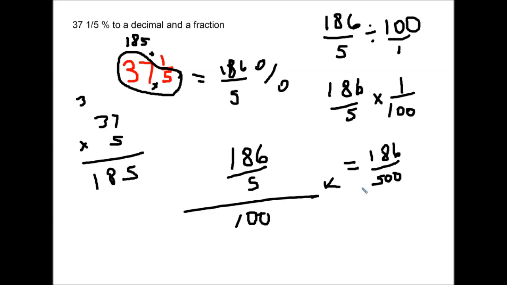So I'm going to simplify as much as I can. I can divide the top and bottom by 2 because they're both even. Now what is 186 divided by 2? That's going to be 93.